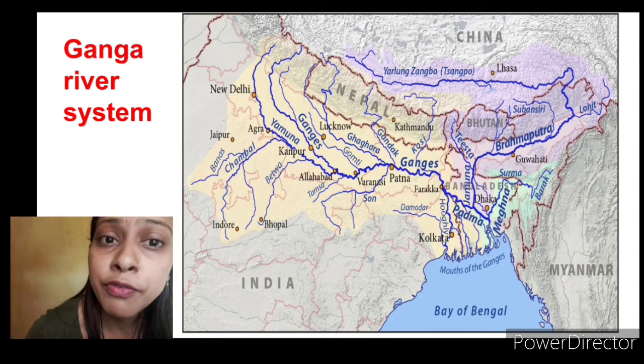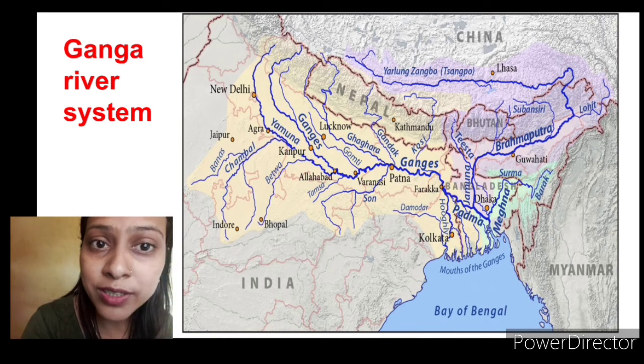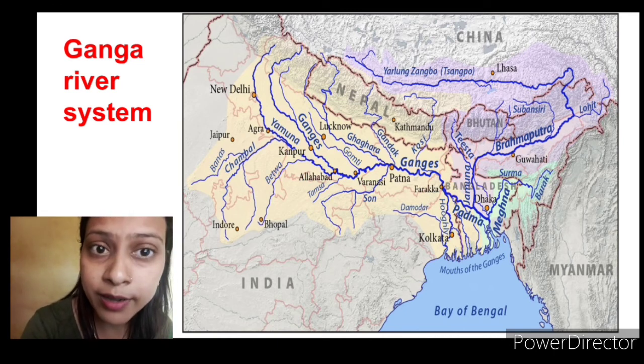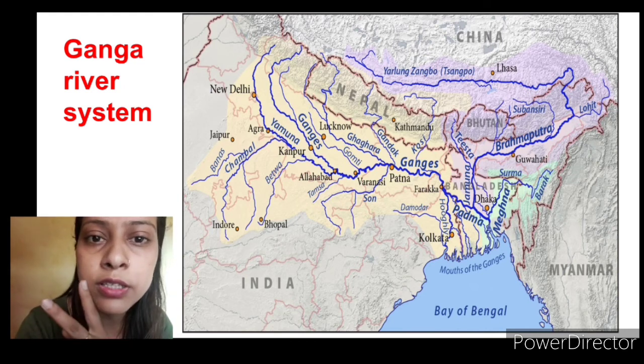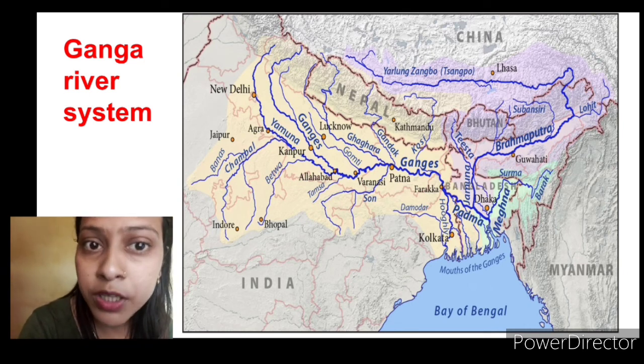And then it flows eastward to Farakka. From Farakka, it takes a southward direction. Farakka is the northernmost point of the Ganga Delta. From Farakka, it gets distributed, or it gets split into two streams.